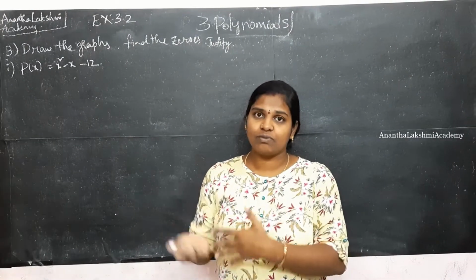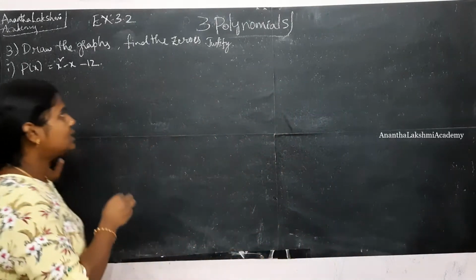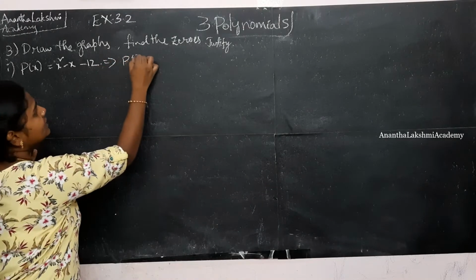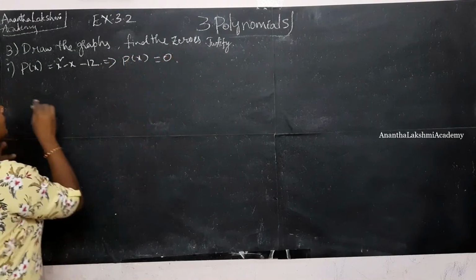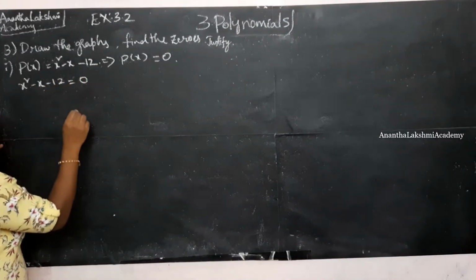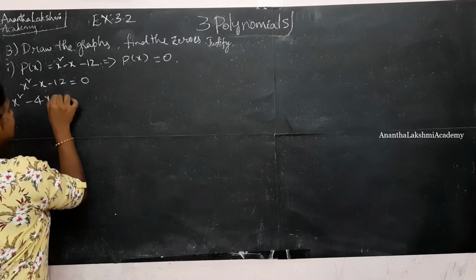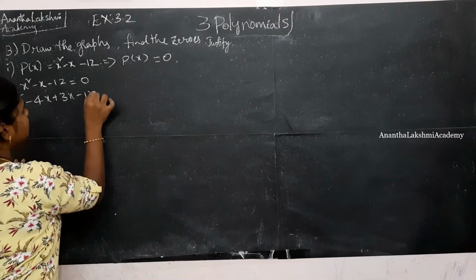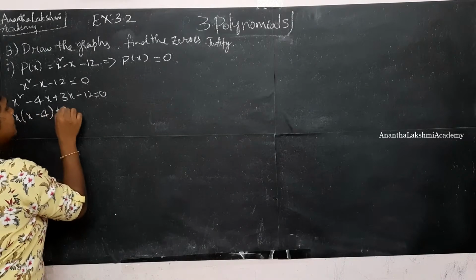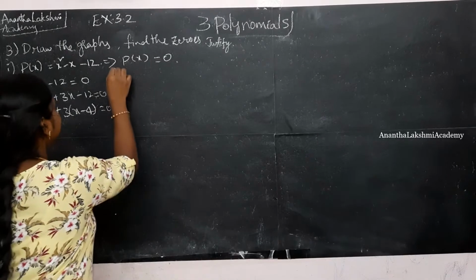So first, even before drawing the graphs, to understand what value of x we should start from and what value of x we should end at, let us try figuring out the zeros by using the expression p of x is equal to 0. That makes x square minus x minus 12 is equal to 0. I'm using factorization: x square minus 4x plus 3x minus 12 is equal to 0. x into x minus 4 plus 3 into x minus 4 is equal to 0.